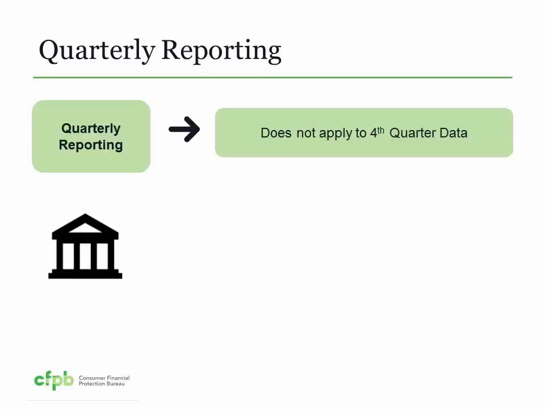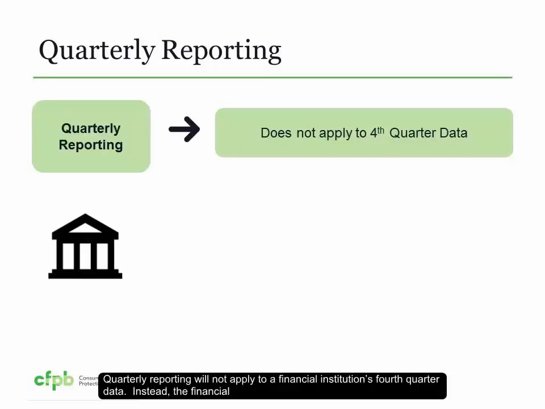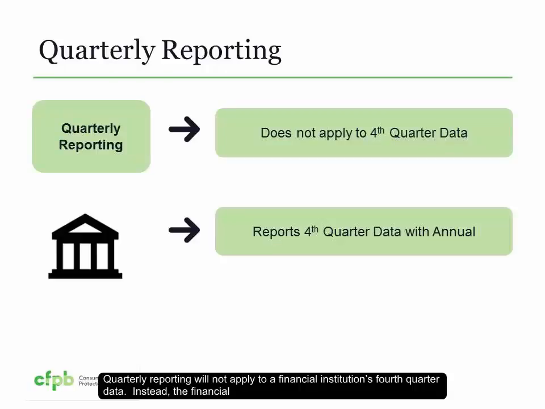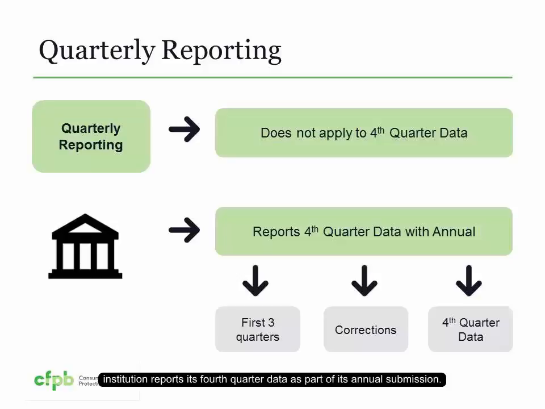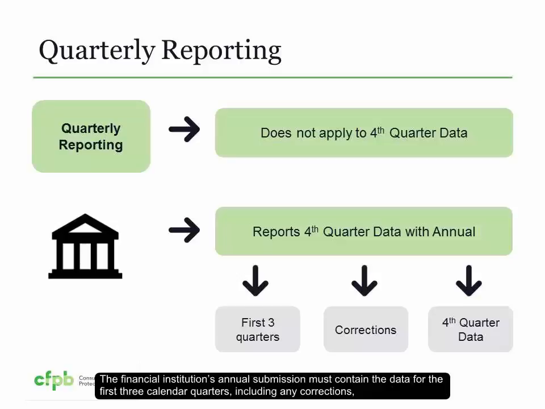Quarterly reporting will not apply to a financial institution's fourth quarter data. Instead, the financial institution reports its fourth quarter data as part of its annual submission. The financial institution's annual submission must contain the data for the first 3 calendar quarters, including any corrections, plus its fourth quarter data.